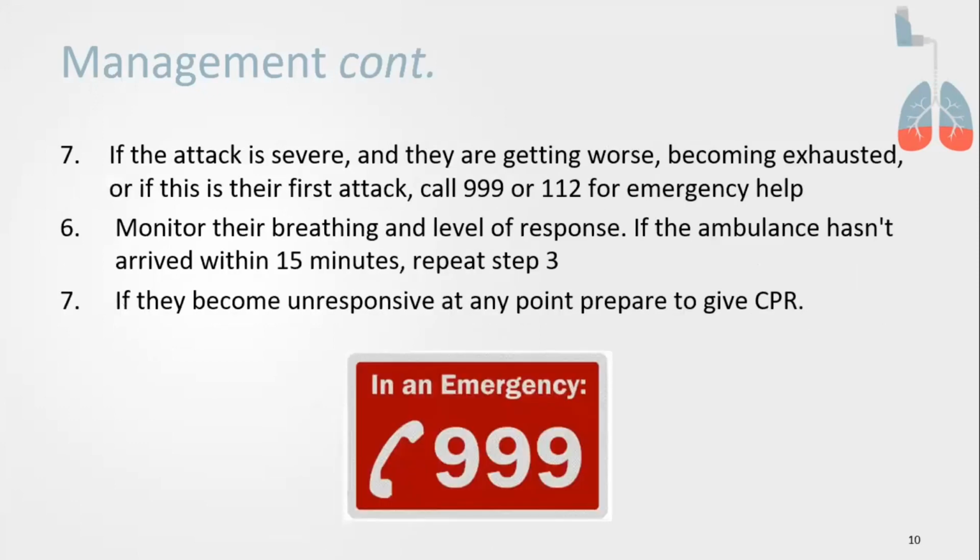If the attack is severe or it's getting worse, call the ambulance straight away, because this is beyond your capabilities of what you have available to help this person. You monitor their breathing and their level of response. If the ambulance still hasn't arrived within 15 minutes, repeat step 3, which is taking the inhaler every 30 to 60 seconds up to 10 times. If they become unresponsive at any point, practice CPR on them.